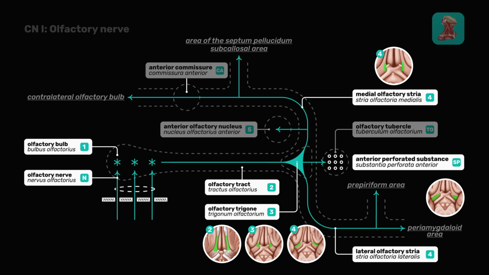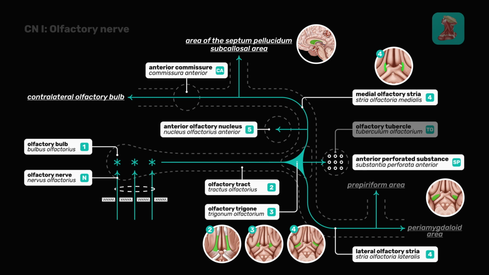One goes to the area of the septum pellucidum and the subcallosal area, and the other goes to the contralateral structures through the anterior commissure of the brain and inhibits the activity of the cells of the olfactory bulb. It helps us to determine the location of the odorant more accurately. Some collateral branches of the medial olfactory stria form synapses with a small group of neurons called the anterior olfactory nucleus. The lateral olfactory stria runs to the ipsilateral olfactory cortex.